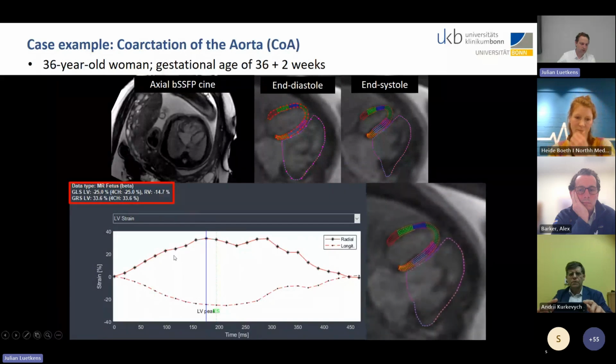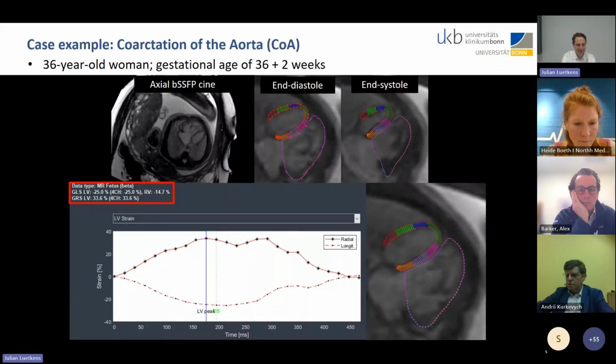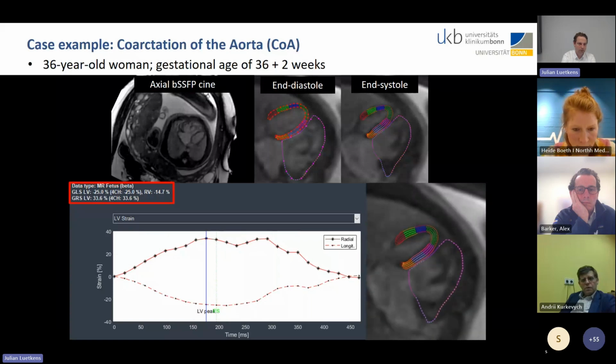The global longitudinal left ventricular strain was minus 25% in this case. Again, normal is minus 19%, so it is increased. And this might be due to an increased afterload due to the coarctation and possibly also the coexisting aortic stenosis.